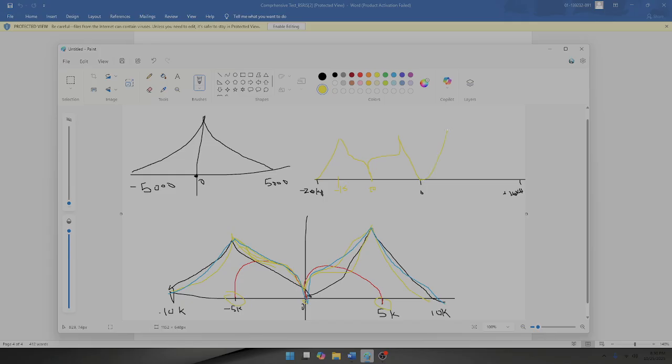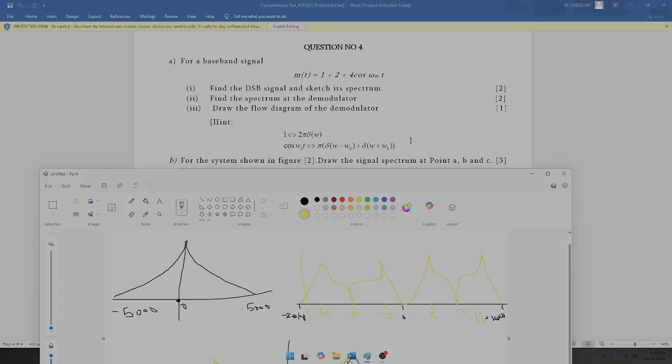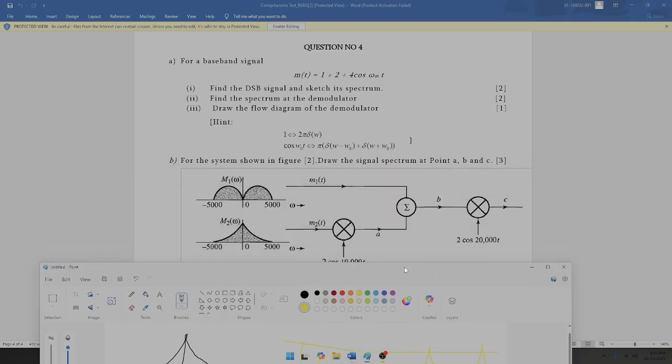So at 10k, the peaks are going to be at 15 and 5 and 20. So this is 15, this is 10, this is 5, this is minus 5. This is what's happening. So our answer, see, this is what we need to draw. This sketch basically, this is what we need to do.